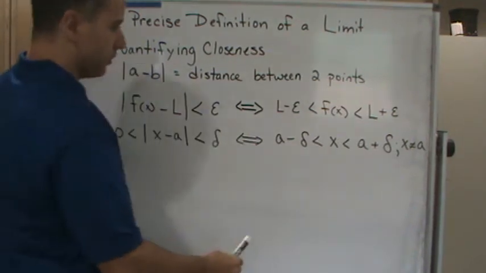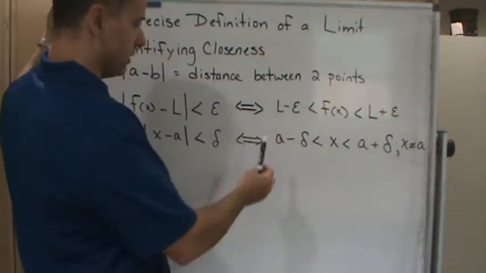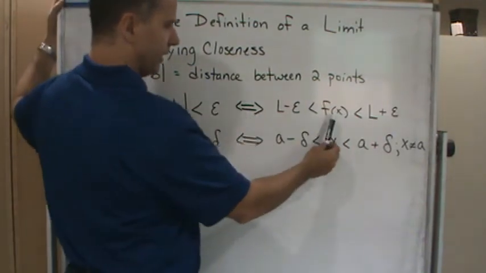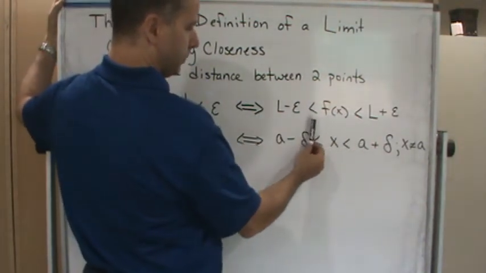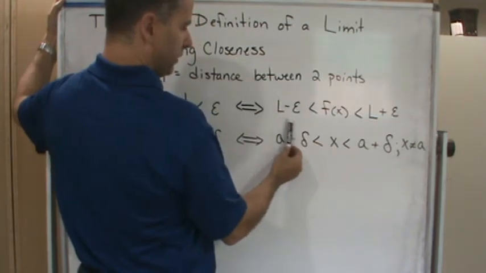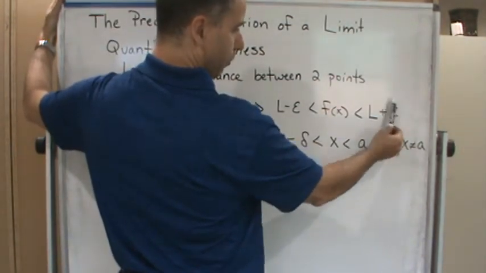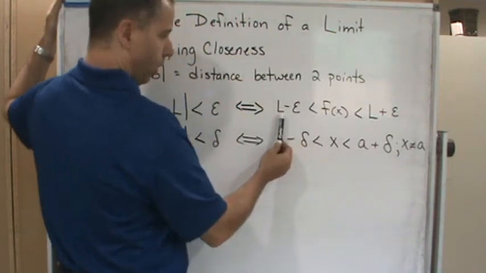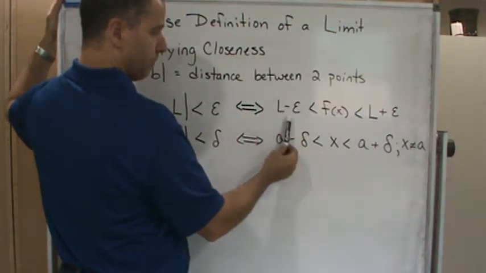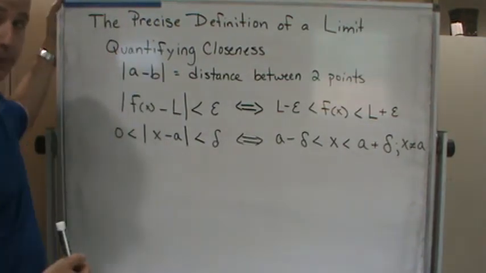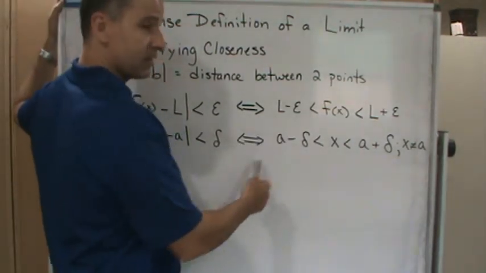It's important to notice this is also equivalent to saying that the value of the function is going to be between the limit plus some real number epsilon and the limit minus some real number epsilon, where epsilon is some small number.